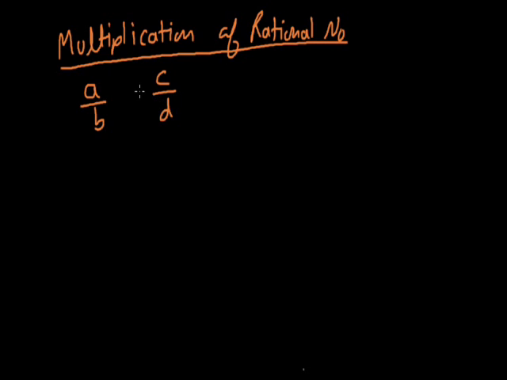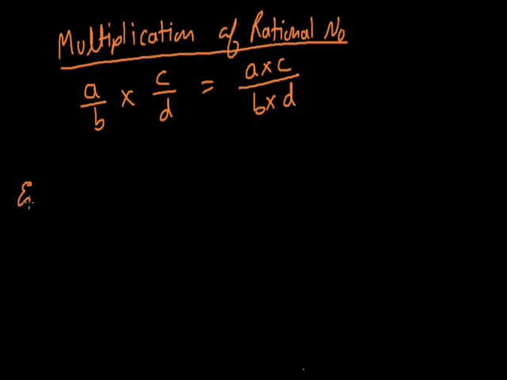Now if I multiply these two rational numbers, what I have to do is just multiply numerator with numerator. So a and c get multiplied and b and d get multiplied. So in this way we can multiply two rational numbers. The numerators are multiplied together and the denominators are multiplied together.